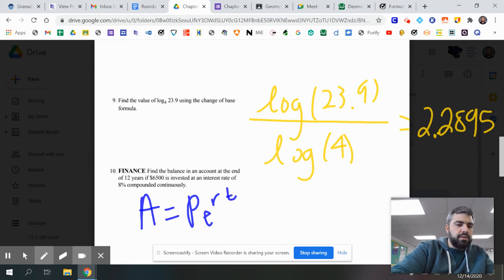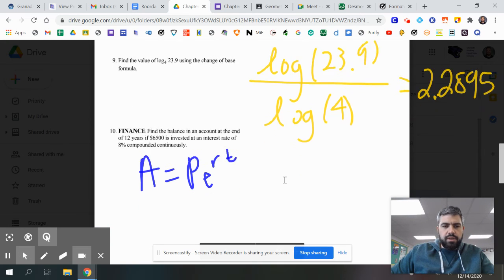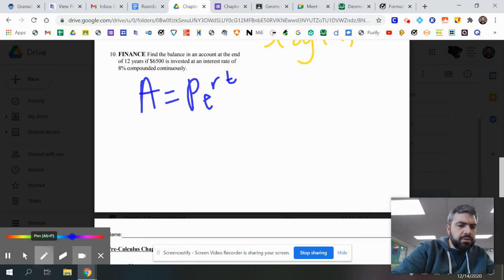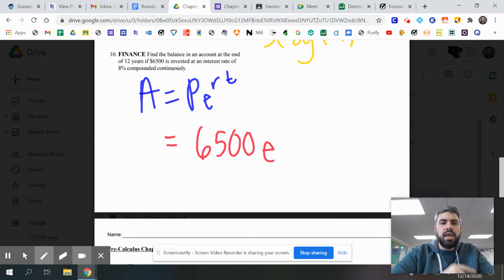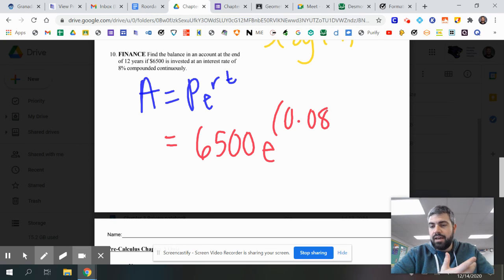If I was going to do this problem, I know my principal. That's the original amount of money that was put in, the 6,500 amount. E is just E, right? It's our Euler number. And then to the power of R, well, R is 8%, so I have to write that as a decimal. That's 0.08. Remember, if you want to get a decimal from a percentage, you divide by 100.